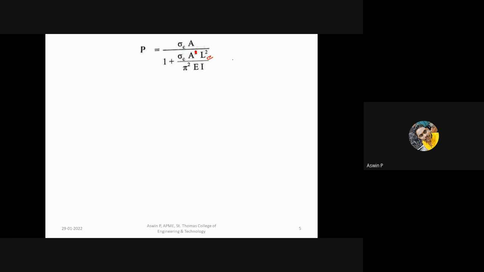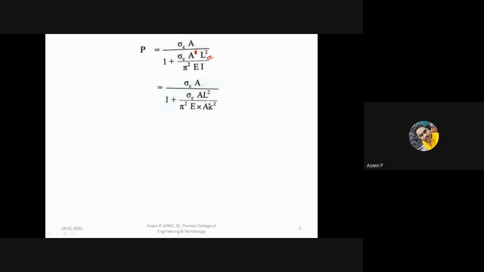After that, we need to substitute the value of I, as we know that I is equal to AK square, right? Area into K square will be I, the common equation for moment of inertia. When we are substituting I as A into K square, we will get the equation as sigma C into A divided by 1 plus sigma C into A into L square divided by pi square E into A K square.